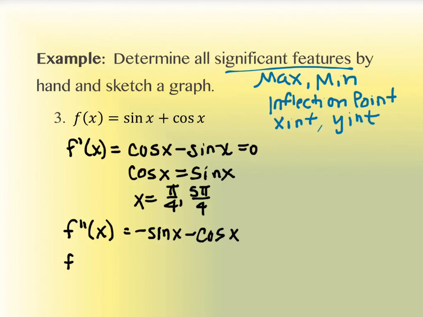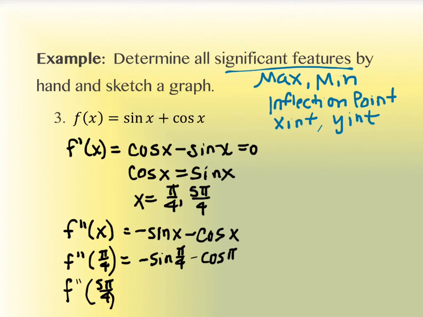So we're going to evaluate f double prime of pi fourths and f double prime of 5 pi fourths. So I have negative sine pi over 4 minus cosine of pi over 4. And then I have negative sine of 5 pi over 4 minus cosine of 5 pi over 4.